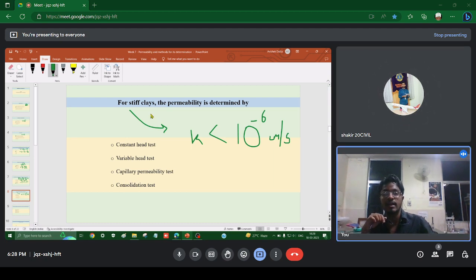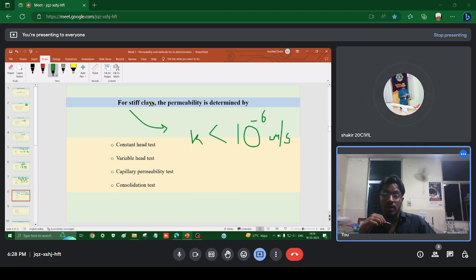I'm saying once again, if it is only clay written over here, then I think variable head test will not be there in the option, because variable head test is feasible more for fine grained sand and silt. Variable head test will be more useful for fine grained sand and silt, constant head test for medium to coarse grained sand, and other kinds of soils which are coarser than sand.